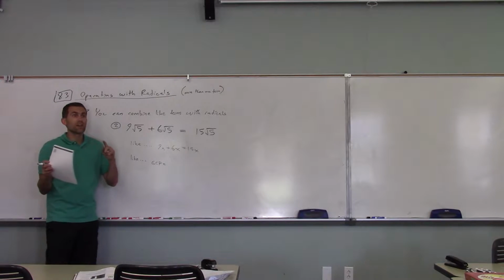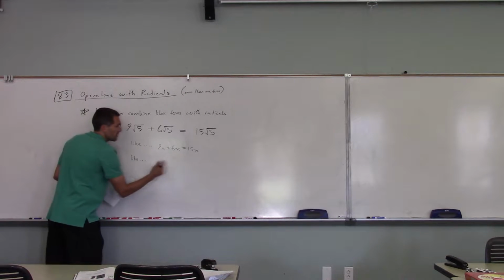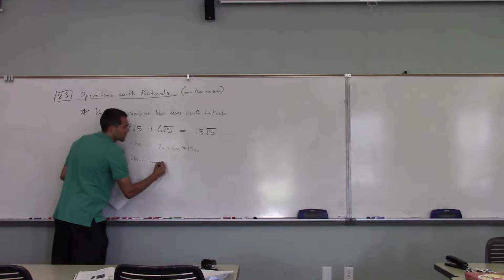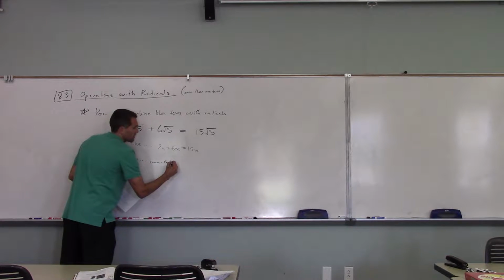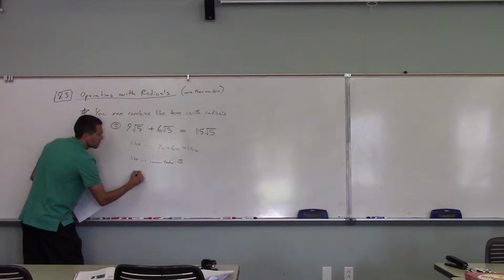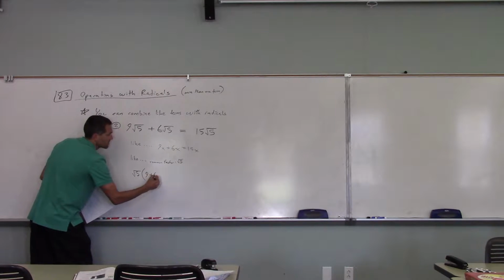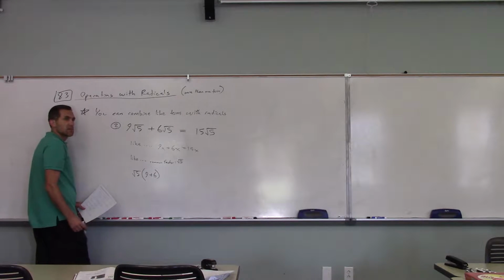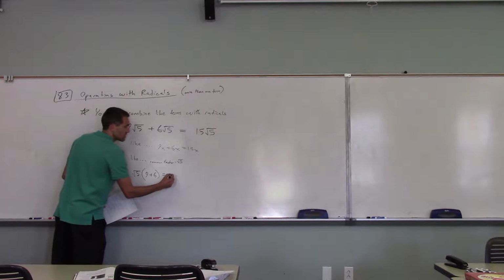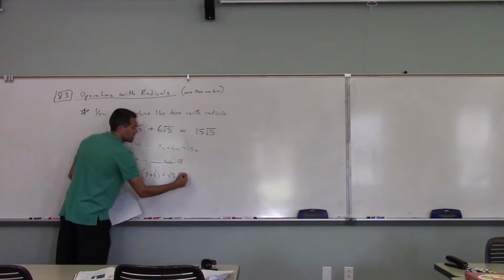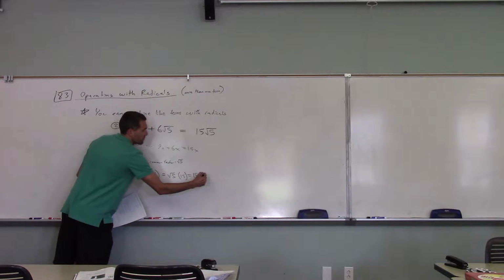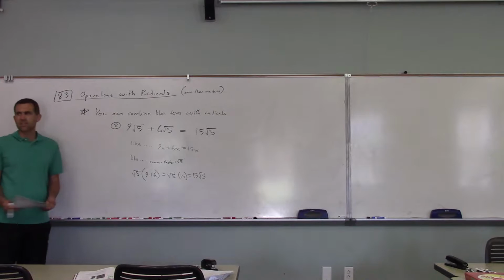Square root of 5. So really what we can think of as a common factor, not the GCF, is root 5. So we could factor out the root 5, and we'd have 9 plus 6. And what's 9 plus 6? 15. So this is root 5 times 15, or 15 root 5. That's actually the reason we can combine like terms.